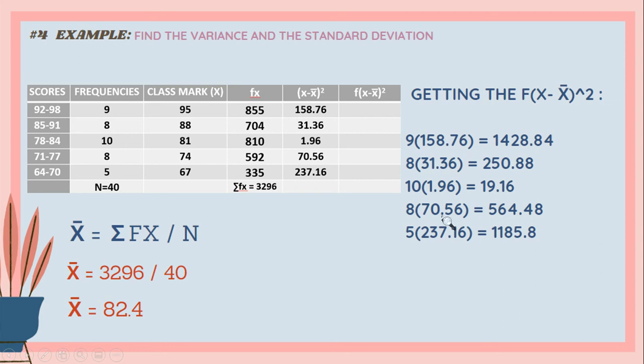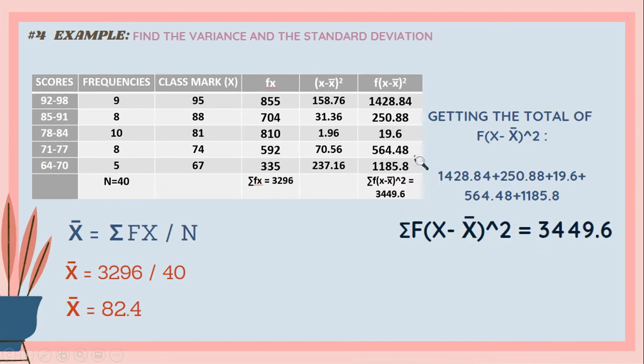8 times 70.56 is equals to 564.48. 5 times 237.16 is equals to 1,185.8. Then the next thing you need to do is to get its sum. So you need to add all of this.